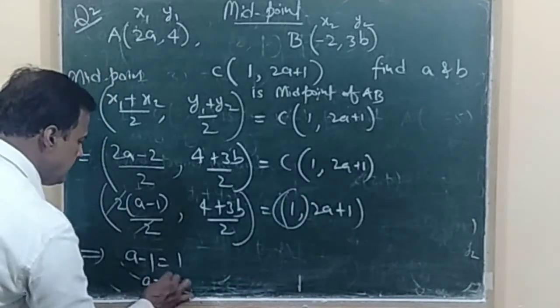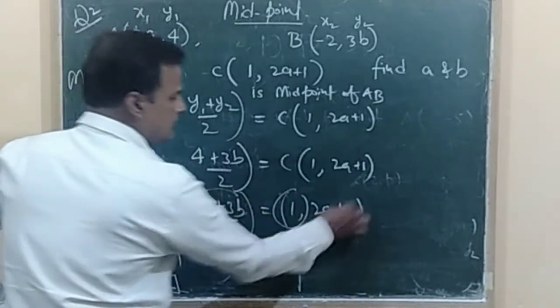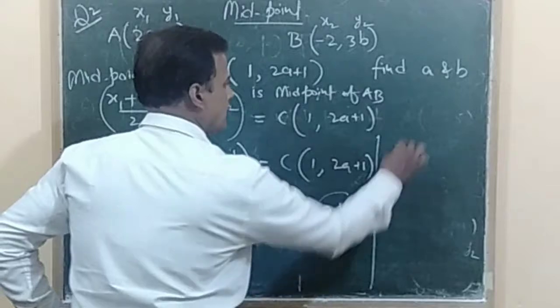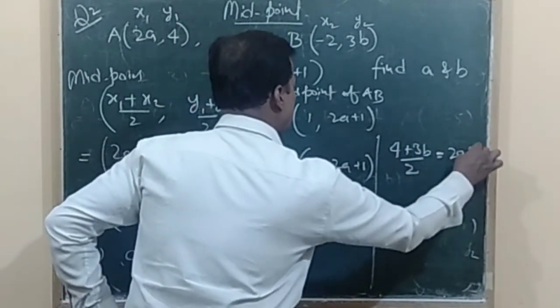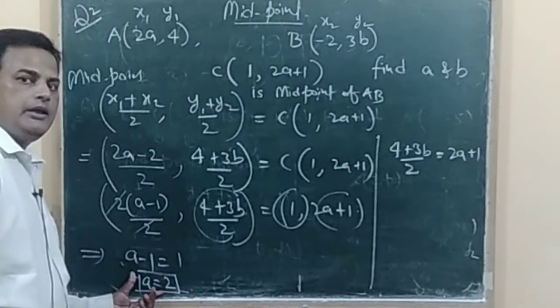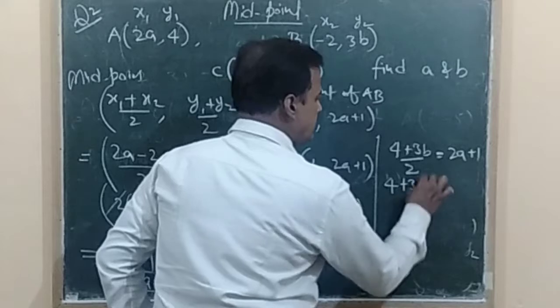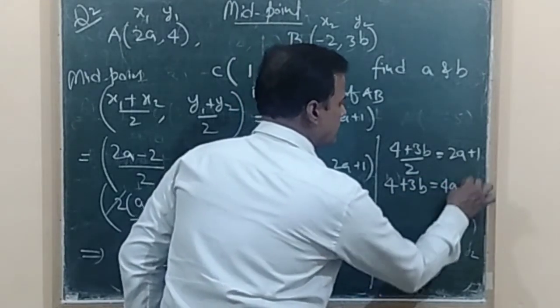This means a is 2, and here comparing second term with second ordinate, which is (4 plus 3b) by 2 equals to 2a plus 1, and a is already calculated. 4 plus 3b, multiplying right hand side by 2, is 4a plus 2.